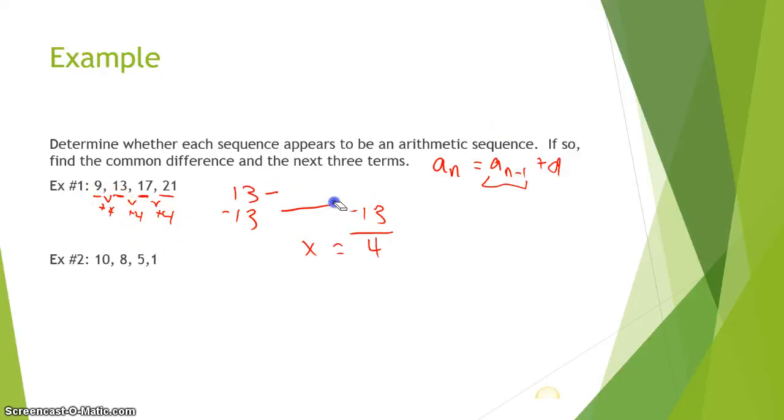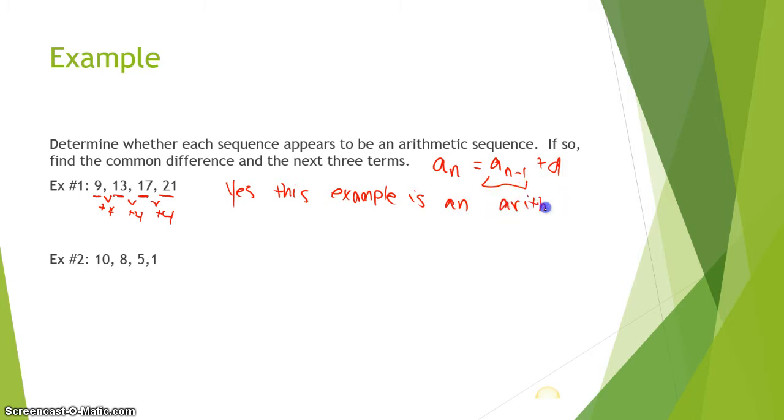So what I will mention in this first example is I will say, yes, this example is an arithmetic sequence.